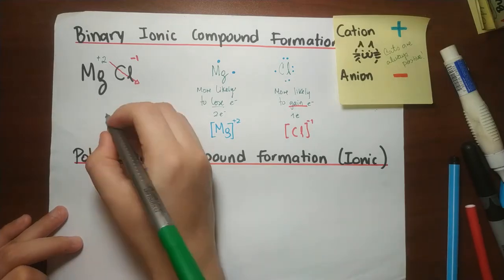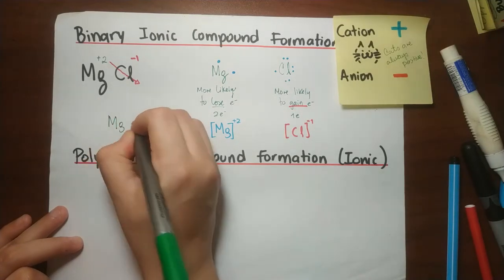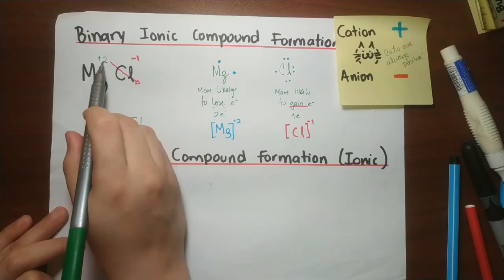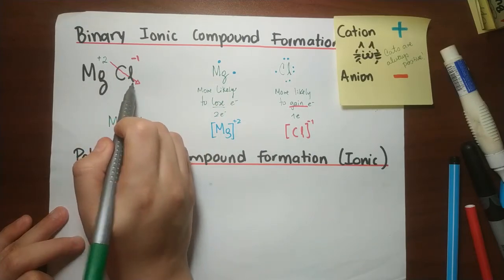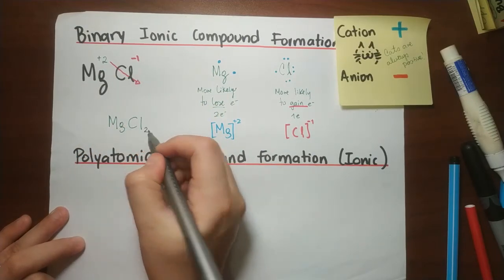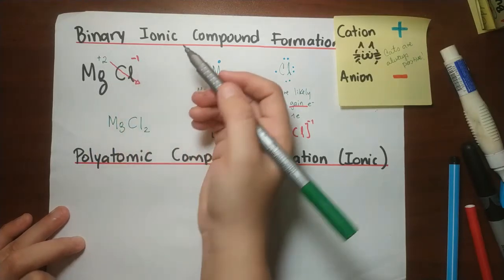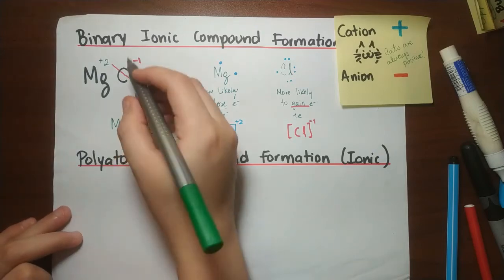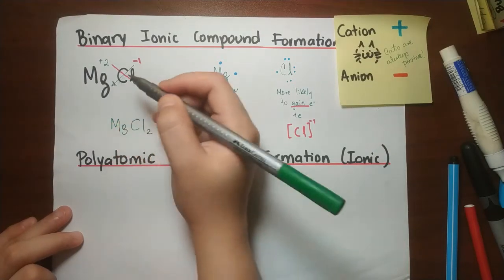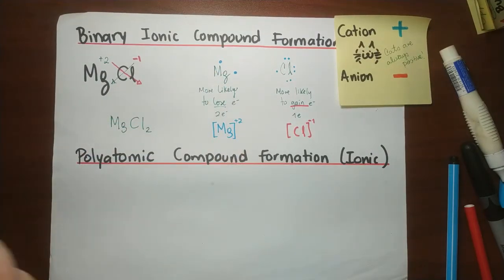So this 2 from magnesium is going to be now part of chlorine as a subscript, and this 1 for chlorine, you have to cross it too, but as it is just 1, we really don't need to write it.